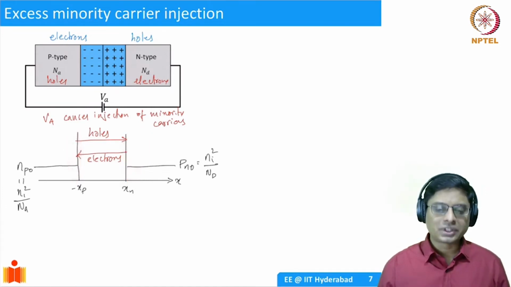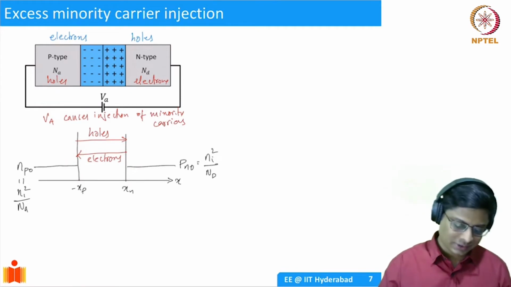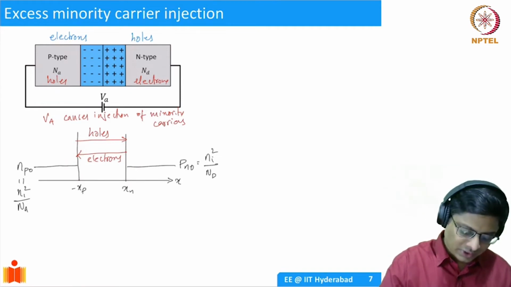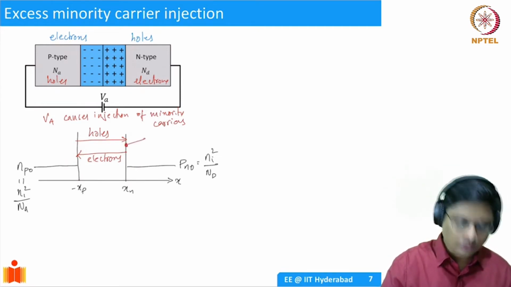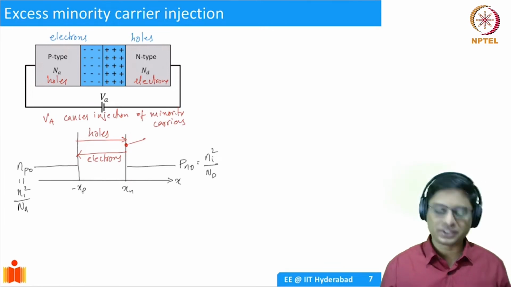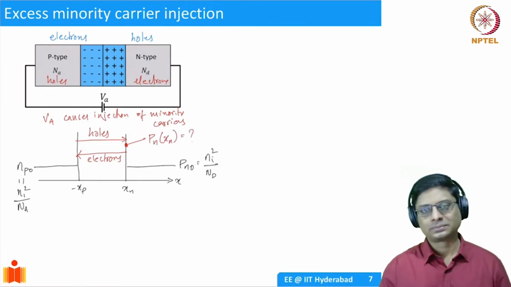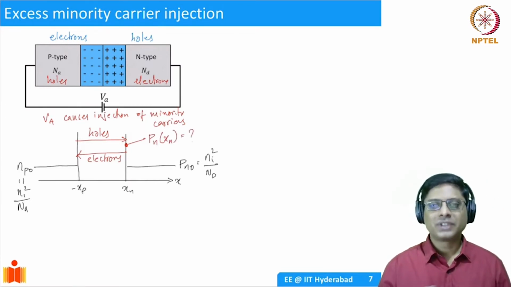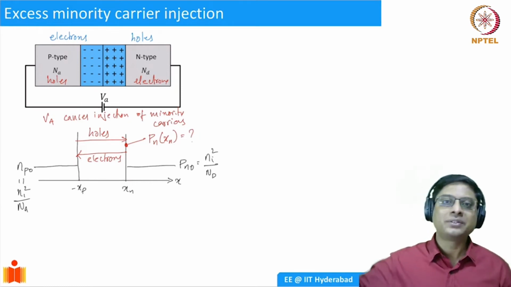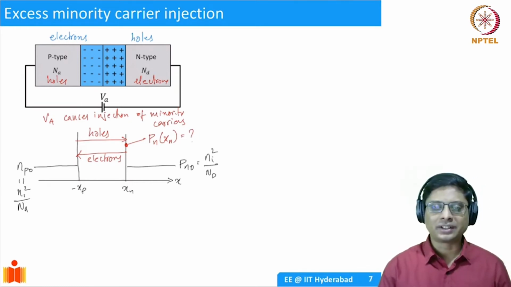So the question we want to ask is, what is the concentration of holes at the edge of the depletion region? So I'll say, concentration of holes in the n-type semiconductor at Xn is equal to how much? That is very important for us, because once we know that, we can find out what happens further into the n-type semiconductor.